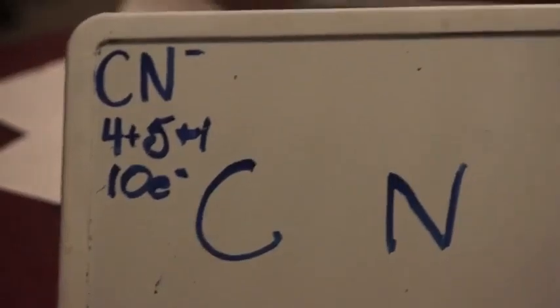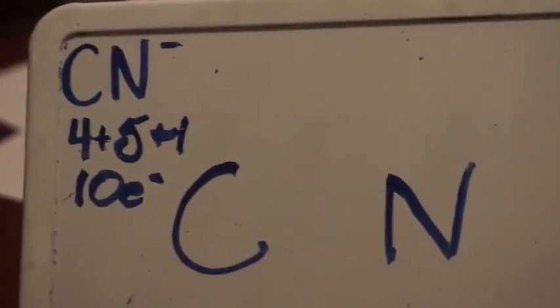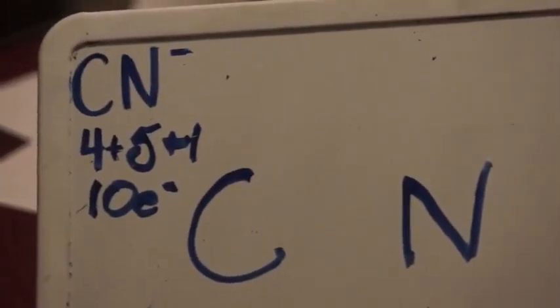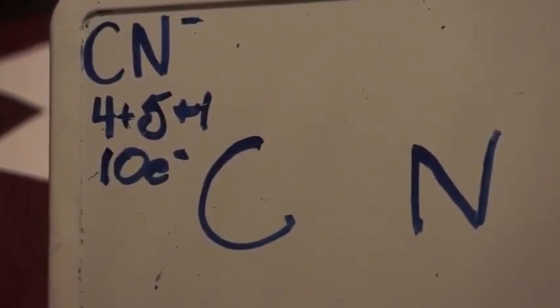In this tutorial, we're going to be working with the polyatomic ion cyanide. And cyanide is distinct because it has an extra electron, which is indicated by the symbol on the ion. Carbon has a valence of 4, while nitrogen has a valence of 5, plus the extra electron that is indicated, and that gives you a total of 10 electrons.